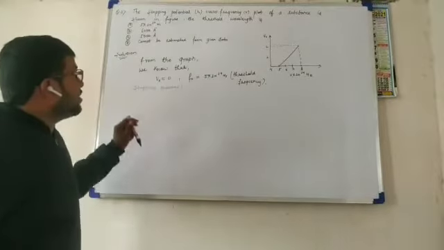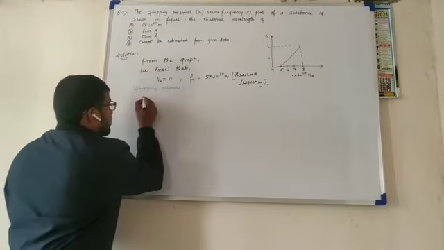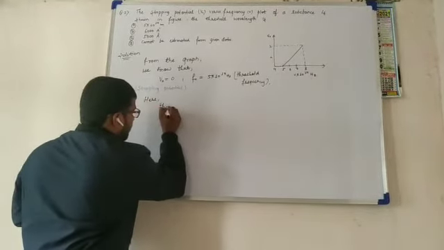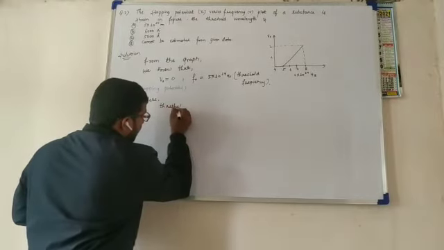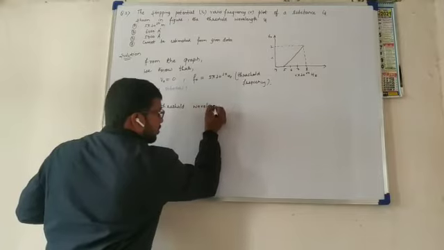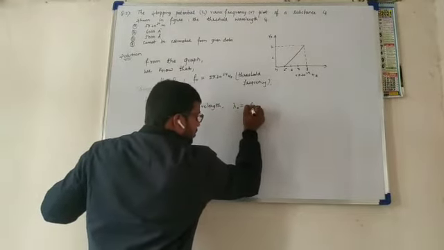So we know the relation between the threshold wavelength and the threshold frequency. Threshold wavelength lambda naught equals the speed of light upon the threshold frequency, C upon F naught.